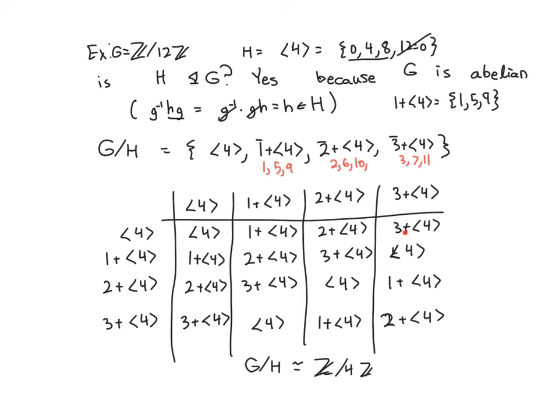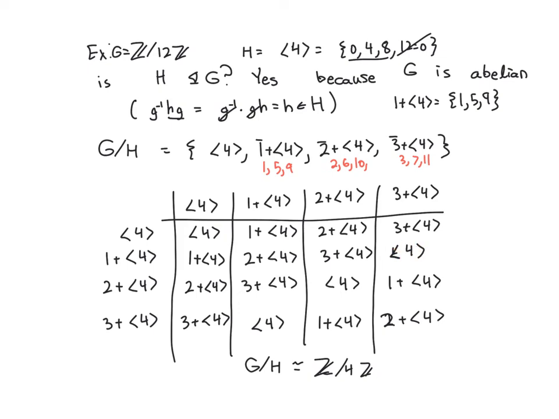So the identity coset does what it's supposed to do. Now if I add 1 to 1, or adding 1 to everything, I just keep increasing it by 1, with the exception that I know 3 plus 1 is 4. And since 4 is in my subgroup, 4 plus the subgroup is the subgroup.